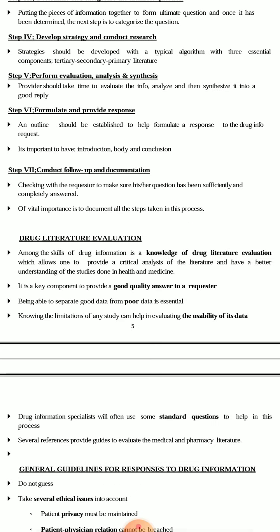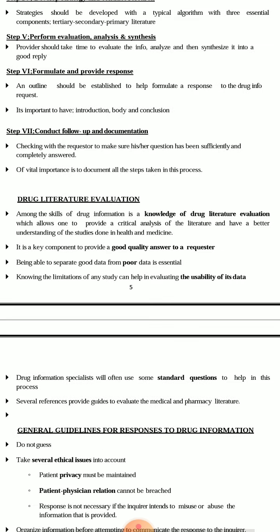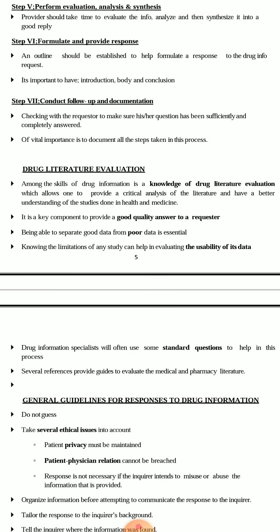The next topic is drug literature evaluation. Among the skills of drug information is knowledge of drug literature evaluation, which allows one to provide a critical analysis of the literature and have a better understanding of the studies done in health and medicines. It is a key component to provide a good quality answer to a requester. Being able to separate good data from poor data is essential.